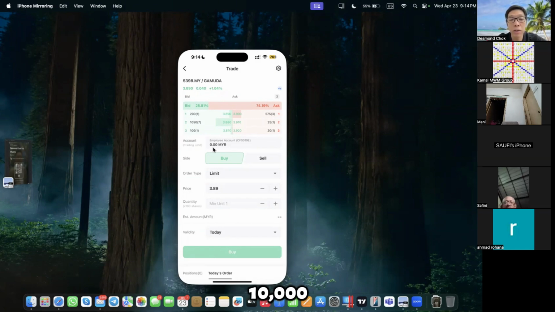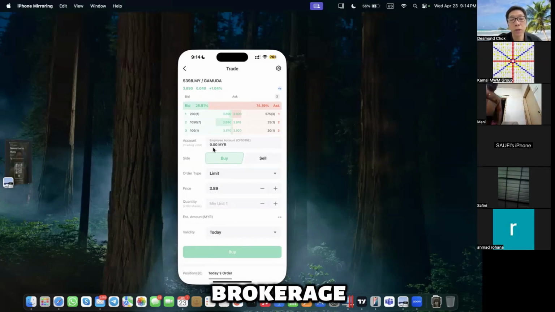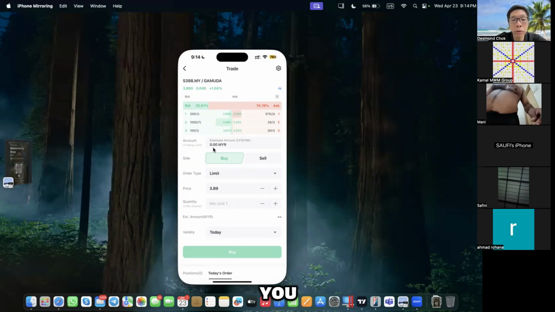I deposit 10,000, then suddenly I'm short of maybe 50 or 100 ringgit like that. Actually, they set aside a reserve for your brokerage charges. So you just follow your trading limit. Let's say if here shows you 9,900 plus, so you can use only up to 9,000 plus. So from here, you can adjust yourself lah, how many lots you can buy. Okay.